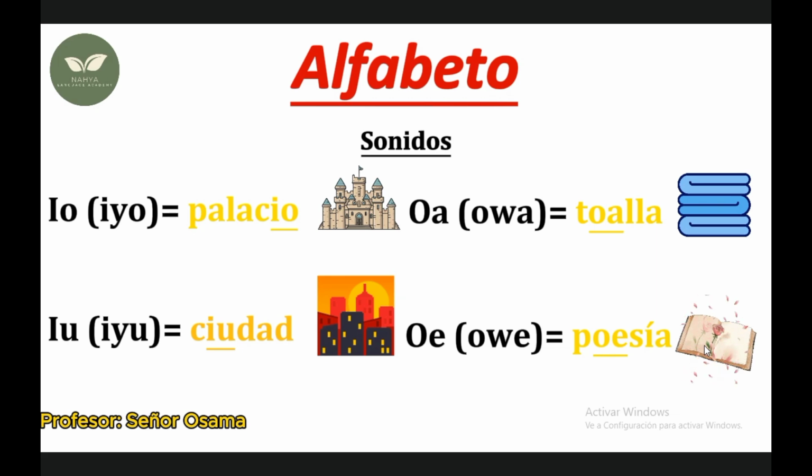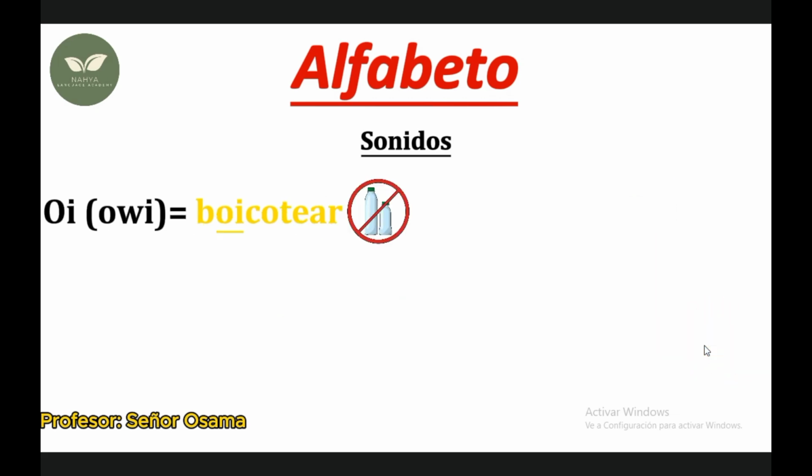Okay, so let's go to the next one. Okay, here we have this sound which is oi. Okay, oi, and we find it here in this word boicotear. Actually, it's a verb. Boicotear means boycott in English.